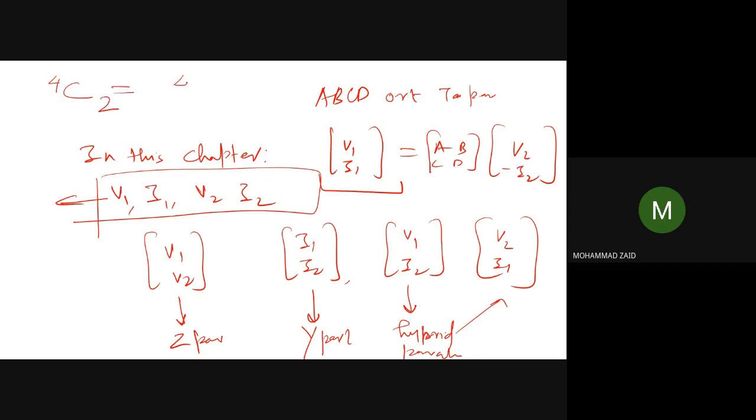So it becomes 4 factorial divided by 2 factorial into 2 factorial. 4 factorial is 24, divided by 4, so it becomes 6. So 6 combinations are possible. That means 6 parameters can exist, because I can select each pair as a set of variables. I can take V1 and I1 as one set, V1 and V2 as another set, V1 and I2 as another set, and so on. So a total of 6 is possible.